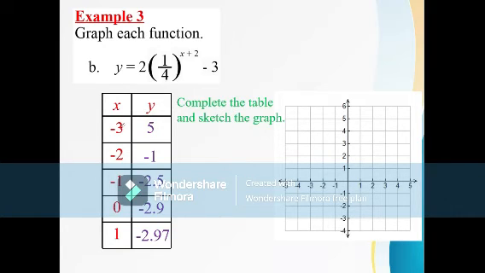If this is negative 3, you have to be very careful with your signs. If this is negative 3, then plus 2. Okay, let's have an example first for this one. Just one example. So y would be equal to 2 times 1/4.